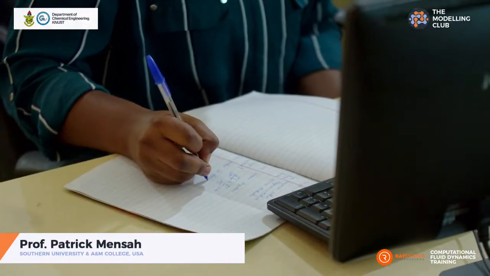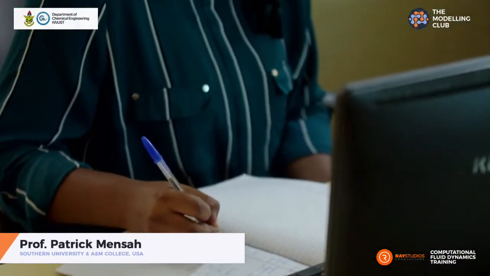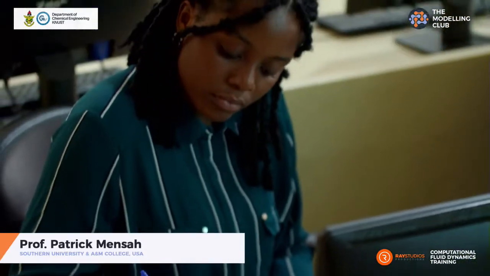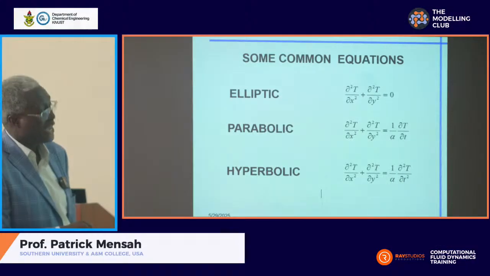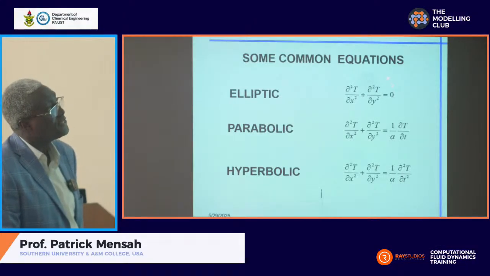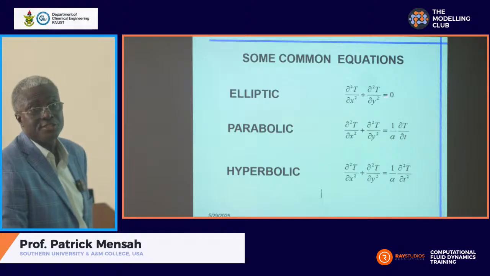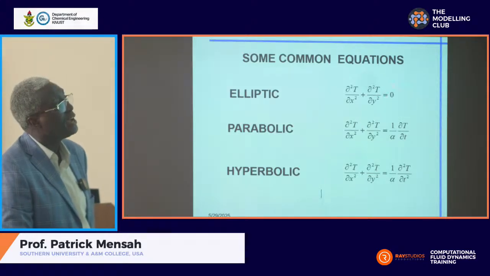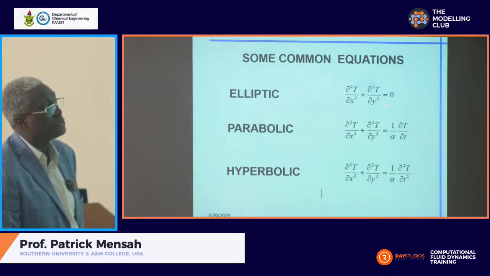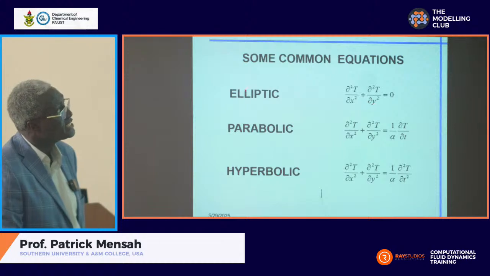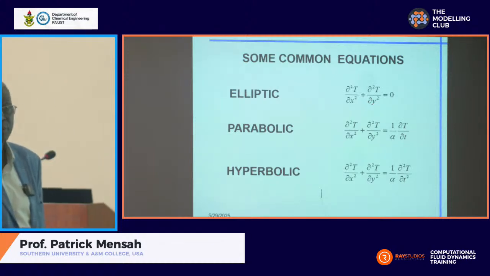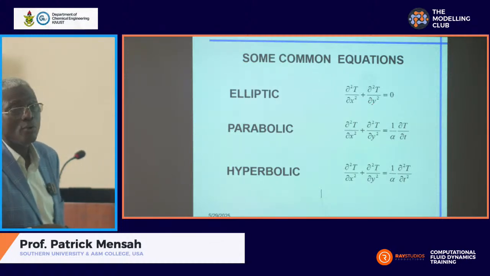All right? So in essence, any equation that you see in this form is classified as an elliptic equation. Okay? You can add a third term to it if it's three-dimensional. That is the second derivative of the temperature with respect to the z direction, and it's still an elliptic equation. Okay, but this is just the two-dimensional form.